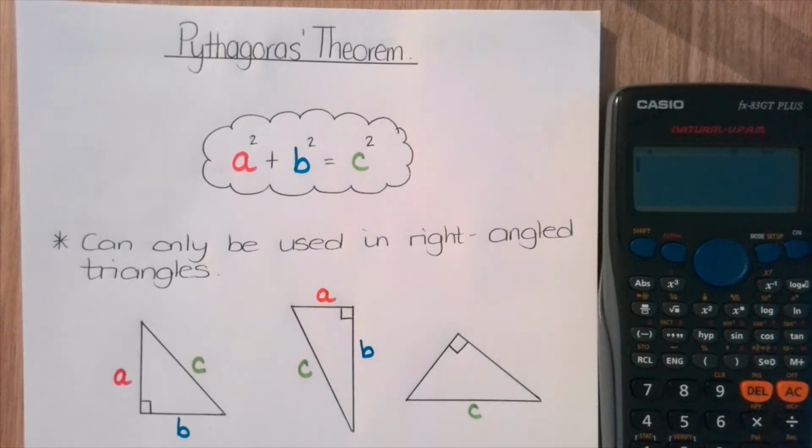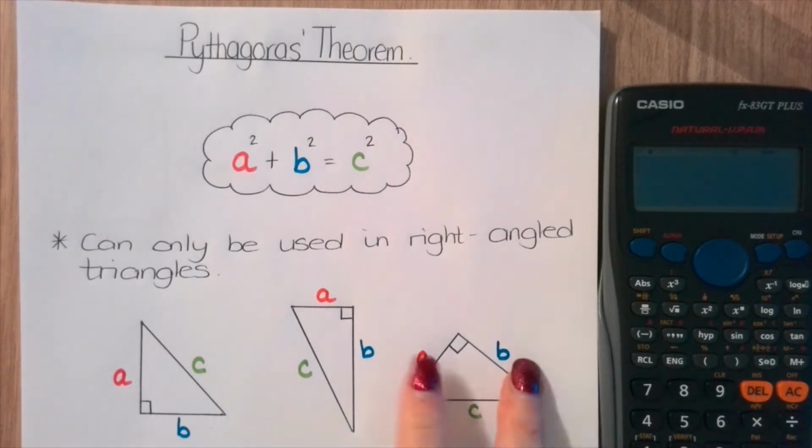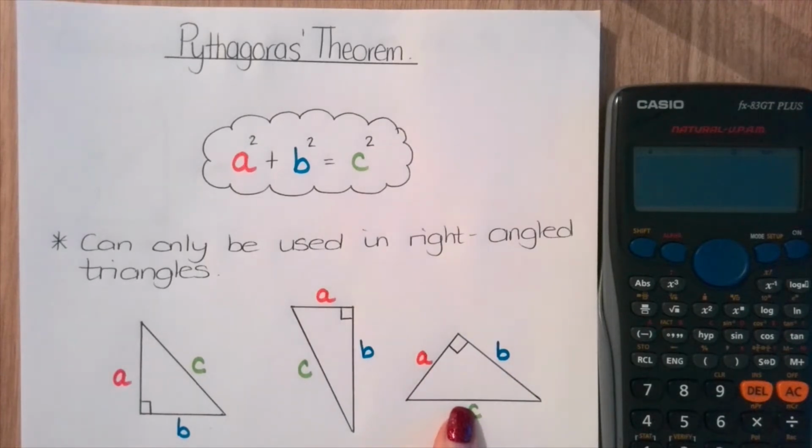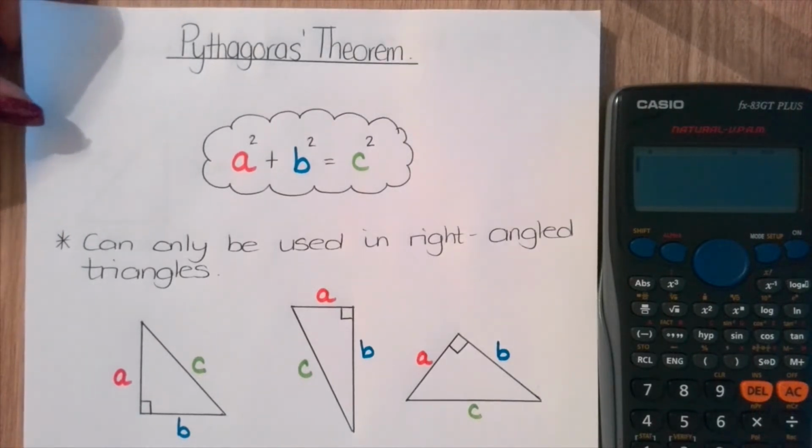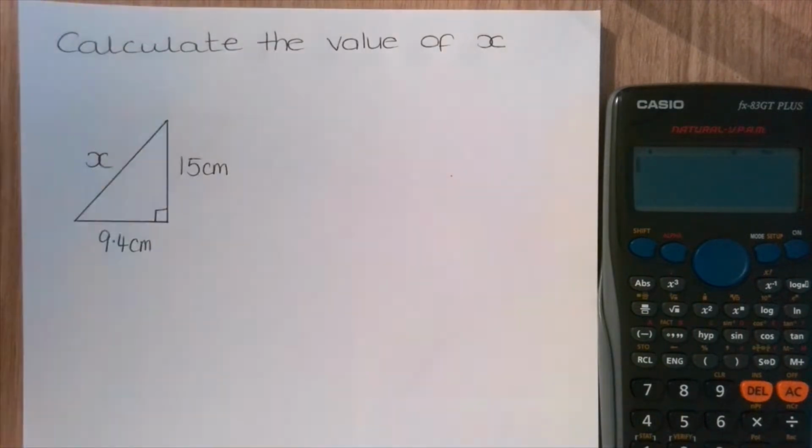So I'll label that one C, and then A and B. It doesn't actually matter which way round the A and the B go, as long as that C is labelled as the hypotenuse.